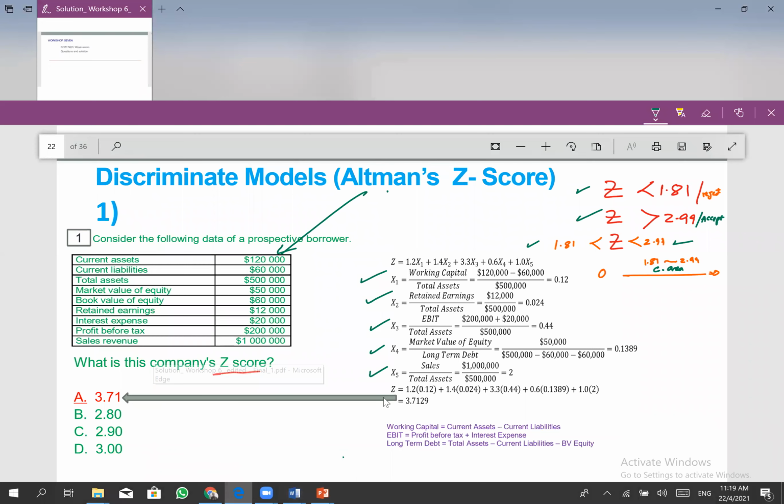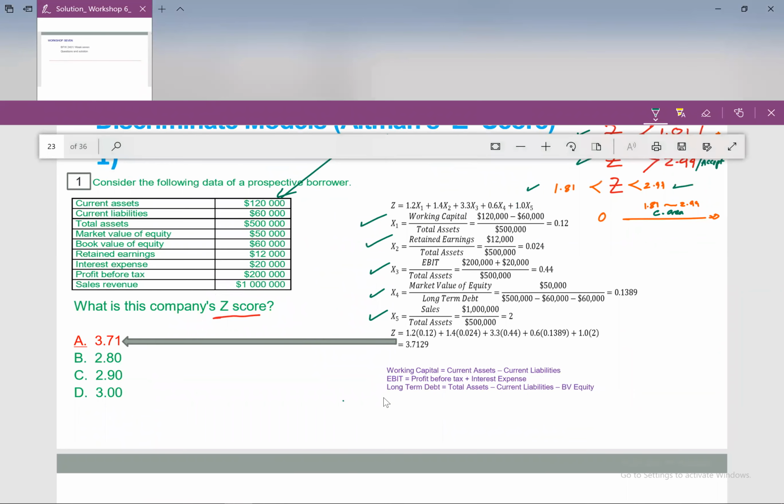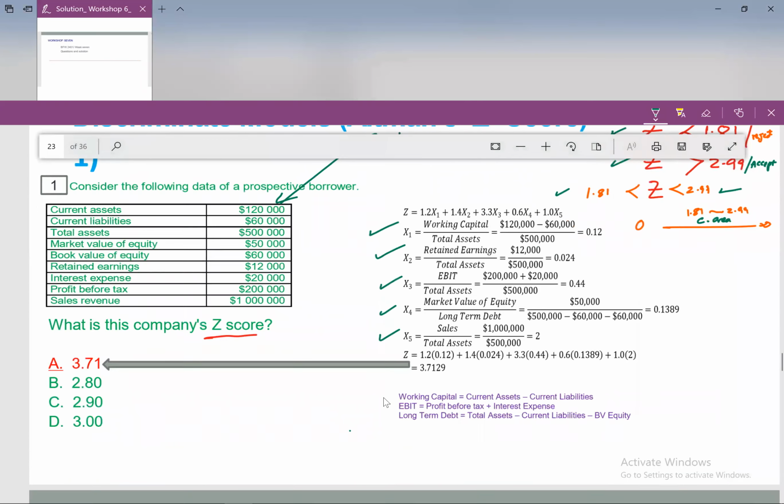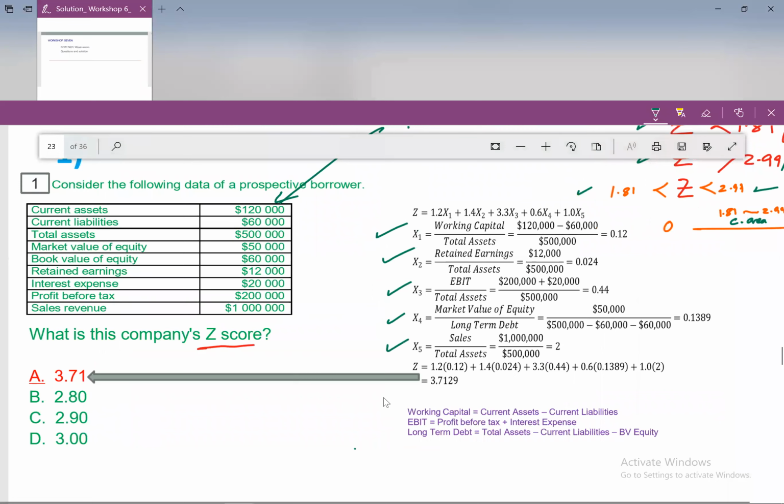Okay, so we calculate X1, X2, X3. Most important, when you do it, this is very straightforward, but you have to understand how to calculate the working capital. The working capital is the current assets minus current liabilities, which is this minus this. Retained earnings is already there, no problem.